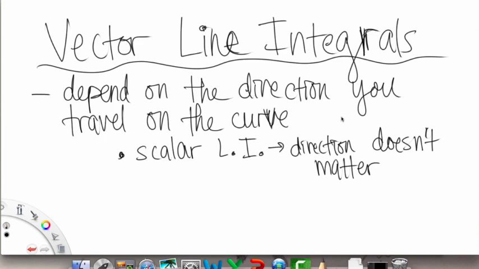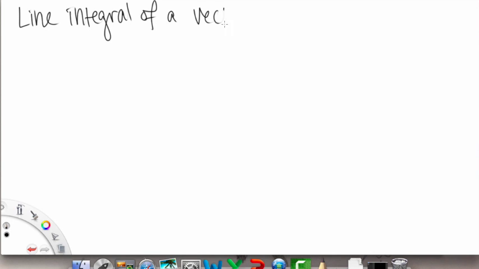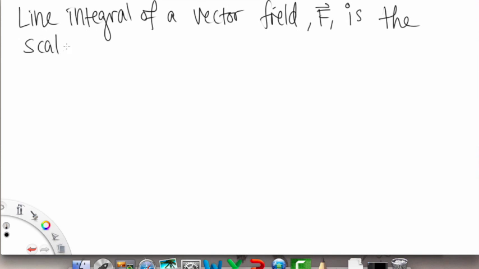But so the line integral of a vector field, and I'll just write F here, vector field F, is technically the scalar line integral.